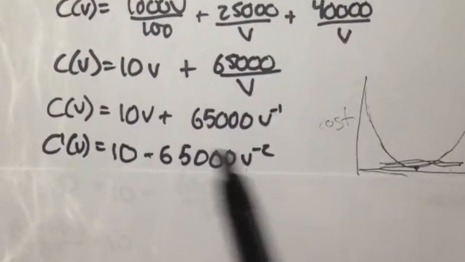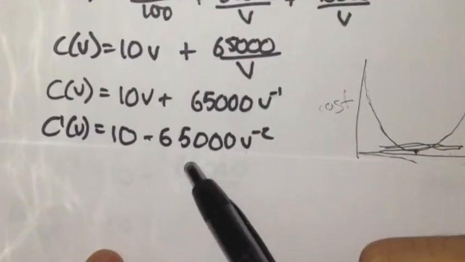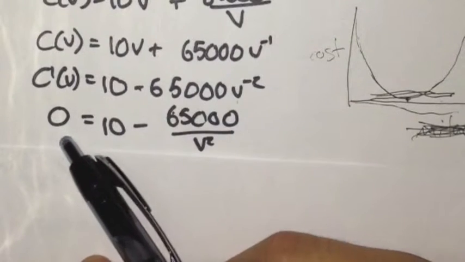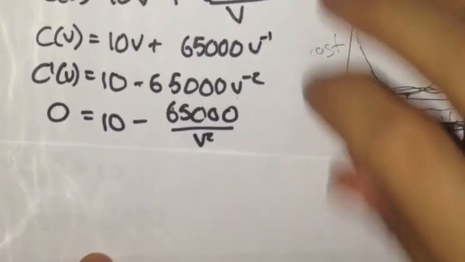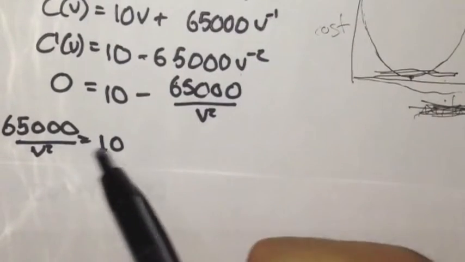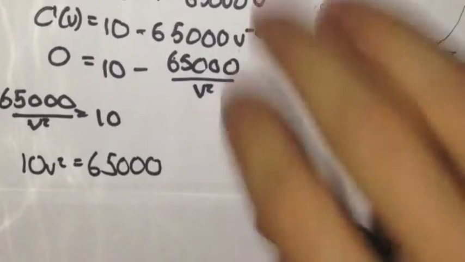What we need to do is differentiate this equation using the chain rule, set it equal to 0. So now we just solve this like any other equation, solving for v. Bring this to the other side, cross multiply, and we're going to be left with 10v squared equals 65,000.